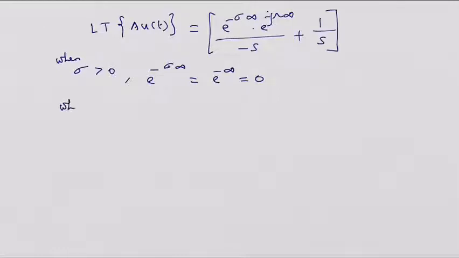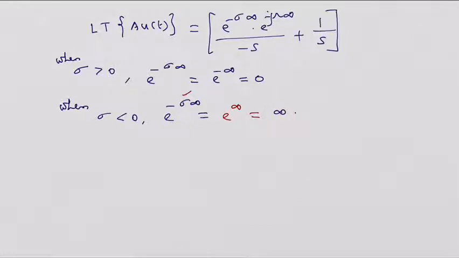When sigma is considered to be less than 0, a negative quantity, e power minus sigma into infinity will become e power plus infinity, which will be equal to infinity.